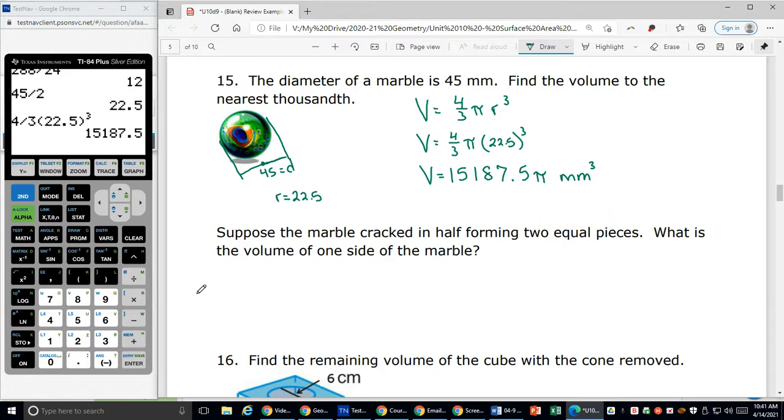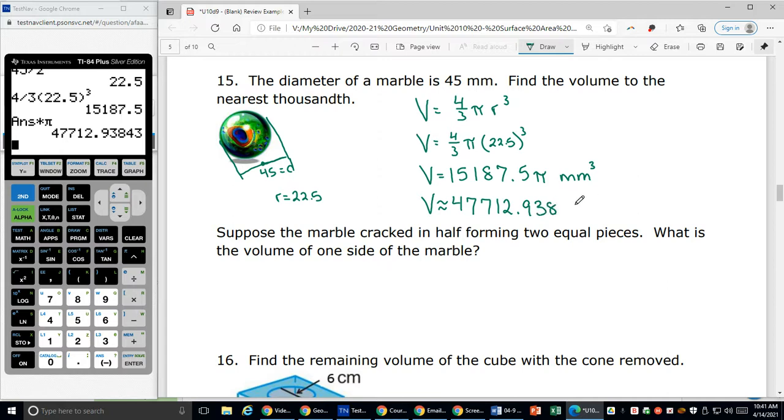Okay, to find out what that is exactly, I'm going to multiply that answer times pi. And I get a volume approximately equal to 47,712.938 millimeters cubed.